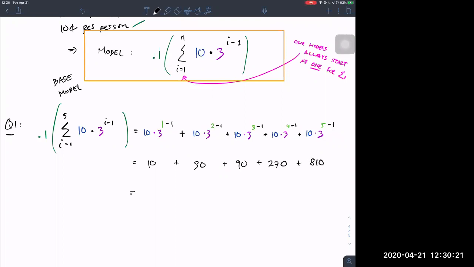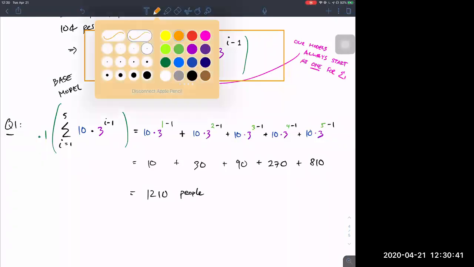Now, if you add all these up, what does this represent? You must remember that it represents the people first, right? 810 plus 270 plus 90 plus 30 plus 10. So this is 1210 what? 1210 people that you've reached.